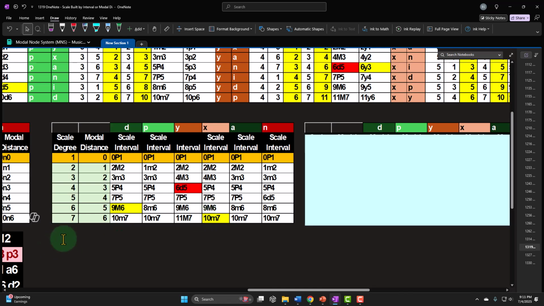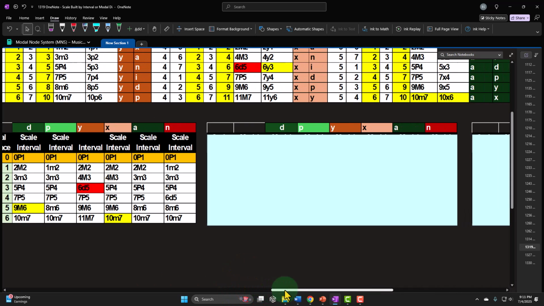And then on the 7th scale degree, or 6 modal half steps, you would expect the similarity for all the minor modes. Dorian is 10, Phrygian 10 note away minor 7, Aeolian 10 note away minor 7, Locrian 10 note away minor 7, and then the majors have an 11 note away, so with the Ionian if we saw that, but the Mixolydian is closer to the minors in this case.